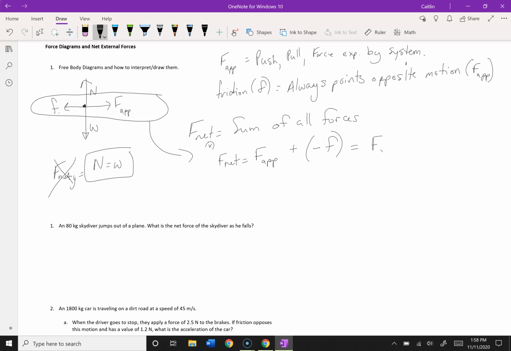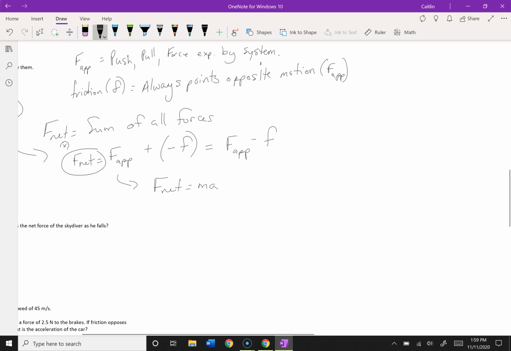So that means F applied minus friction will be our F net. And a lot of times we're going to need to know what F applied or friction is in order to get a net force, because then we can use that information to calculate mass and acceleration according to Newton's second law.